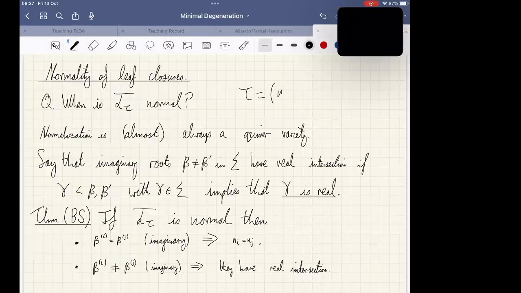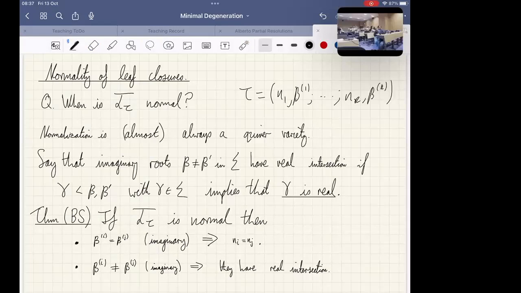And so when I look at my leaf closure, remember this tau, it's labeled by these strange pairs, N1 beta 1 up to N beta K. And I look at this data, and if this is normal, then whenever I have a pair of beta i which are imaginary and equal, then these coefficients have to also be equal.